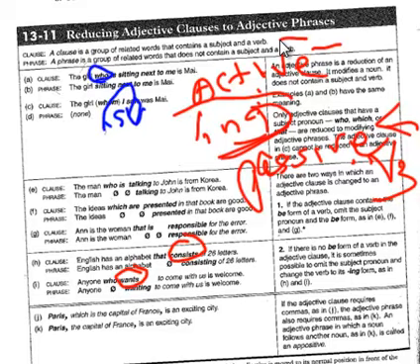However, when you reduce, you have to have either a verb with ing or V3. That means we can't say this: English has an alphabet consists of 26 letters. We can't do that. We have to take this and add the ing.